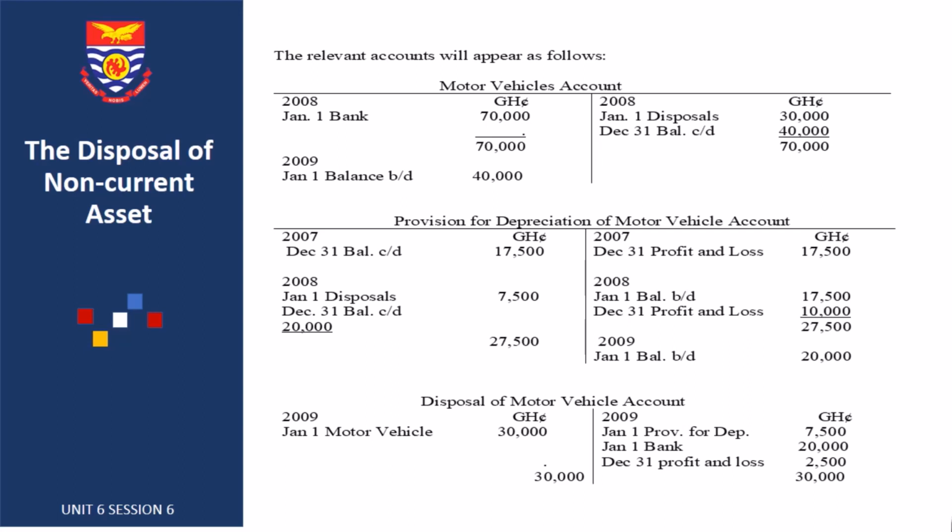We know the corresponding entry will be debited to the bank account. Now, the balance on this account, which is 2,500, will be debited to the profit or loss account. So that is how to record the transaction ledger entries when an asset is disposed.